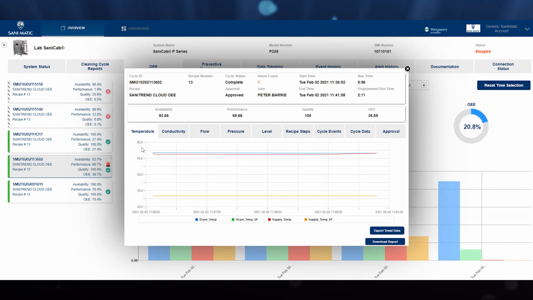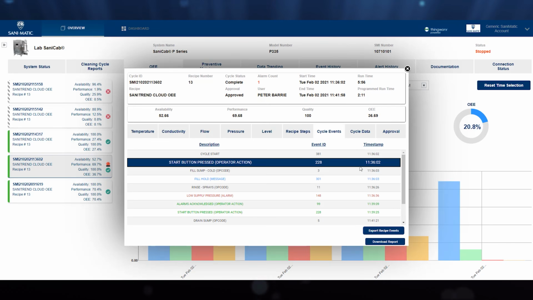So instead of that initial cycle took just over 2:45 on the actual runtime, this cycle almost took twice that, right? So almost 6 minutes. So in that case, our availability, we were only available half the time. So half the time we were running the cycle and doing our wash. The other half the time we were stopped for some reason. In this case, it was the alarm.